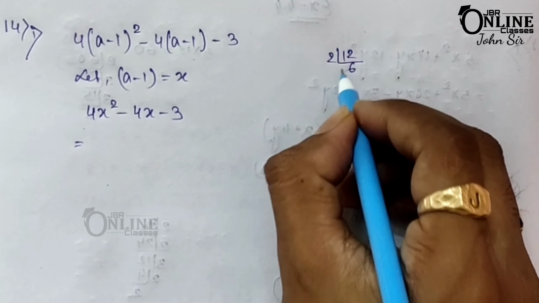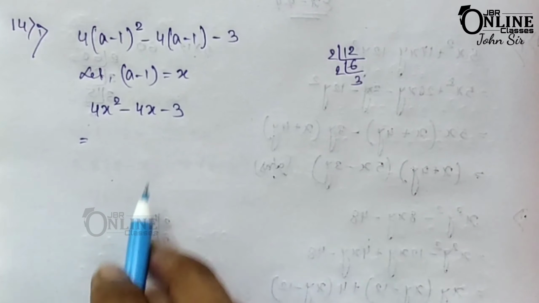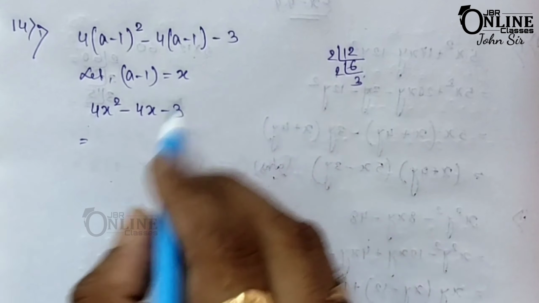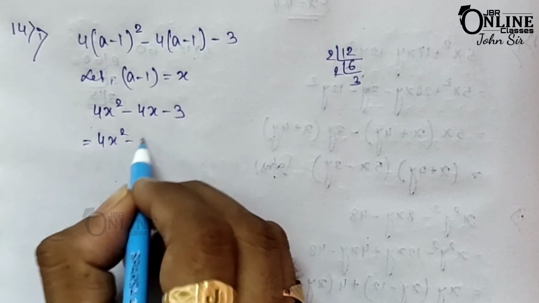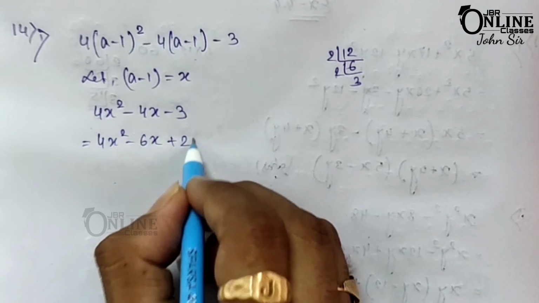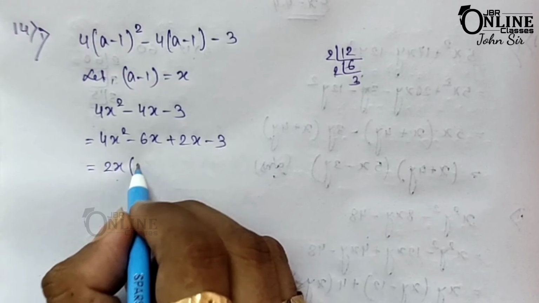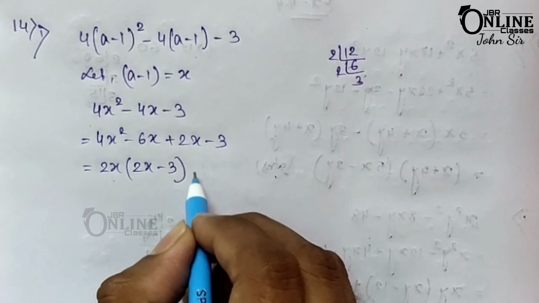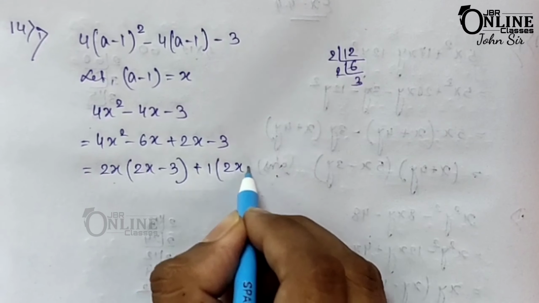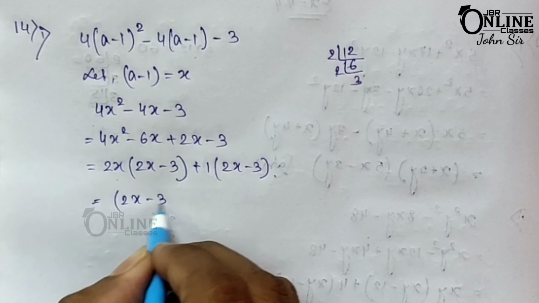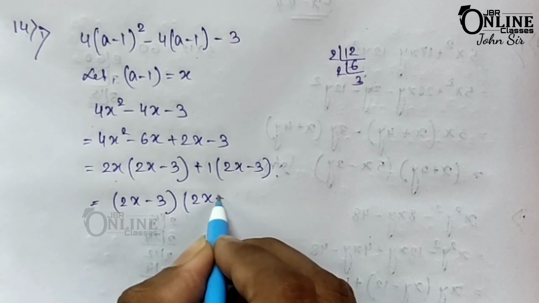So factorize 12. Now you have to make 4. So you have 3 into 2, 6. Now 6 minus 2 becomes 4. So here 6x minus 2x minus 3. So here 2x will be common, so it's 2x minus 3. Here 1 will be common, so it becomes 2x minus 3. So finally 2x minus 3 and 2x plus 1.